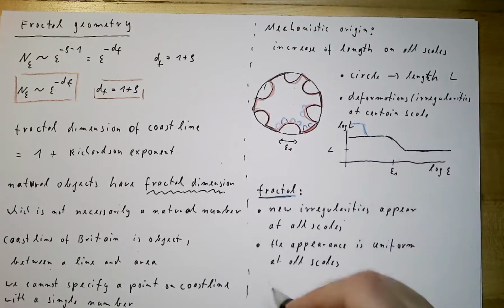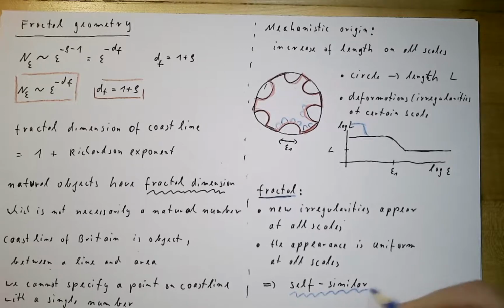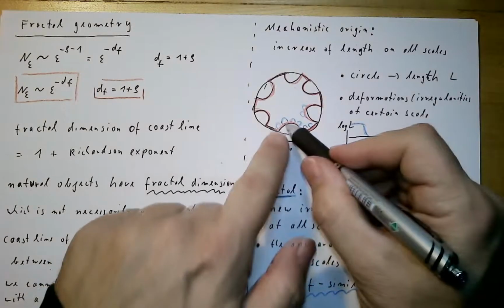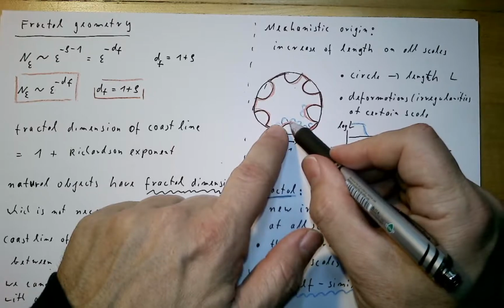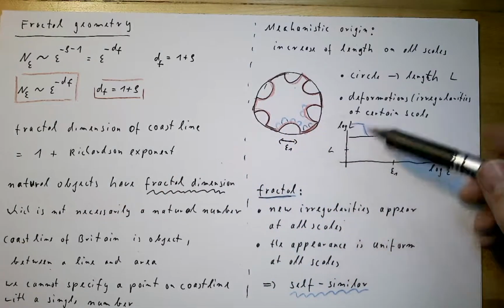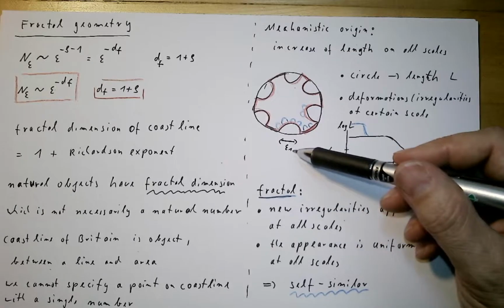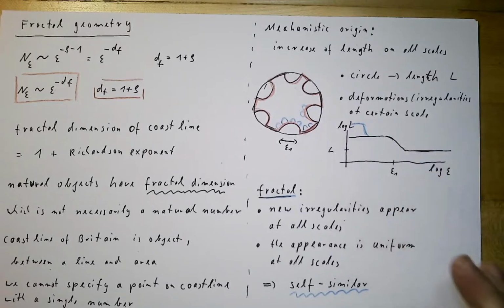And then we say such an object is self-similar. Because if you take a small part of the object and zoom in and increase it, it will look the same, because the appearance of irregularities was the same at all scales.